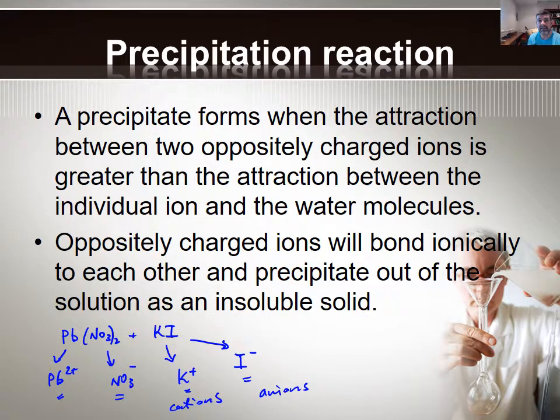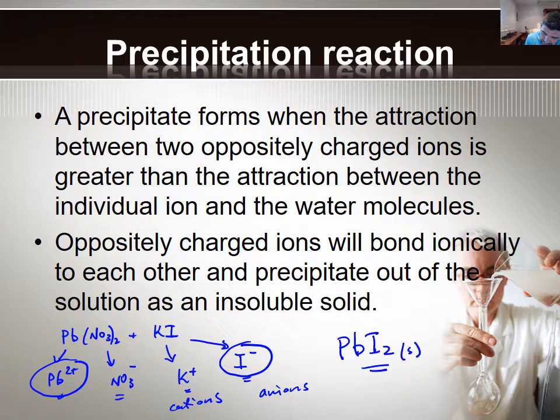In this case, the attraction between the lead and the iodide is very strong, and so we form a compound, lead iodide. It's very easy to see because it's a beautiful bright yellow color. The lead iodide comes out of the solution as a precipitate, as a solid that does not dissolve.